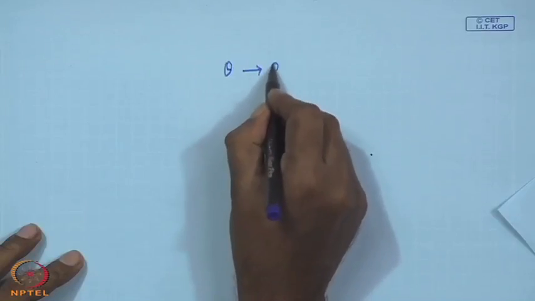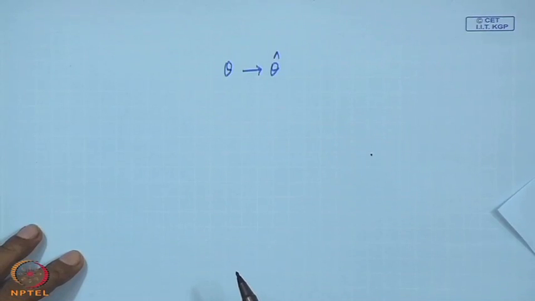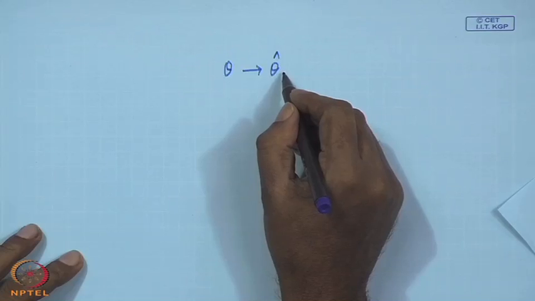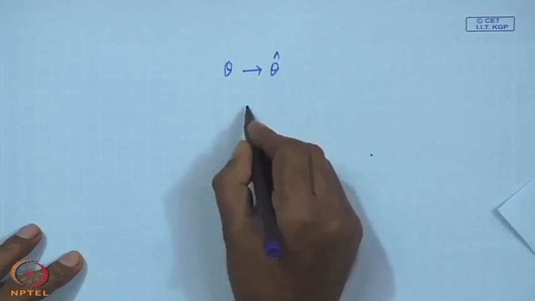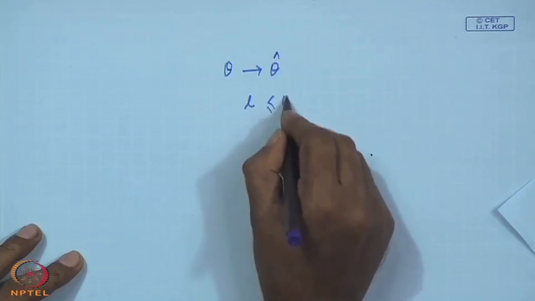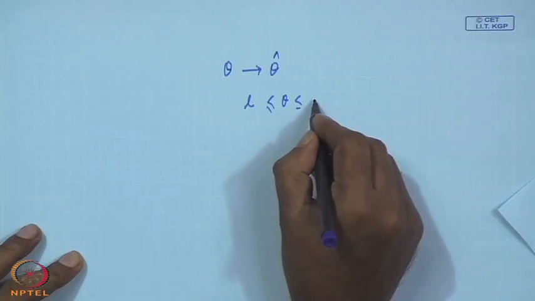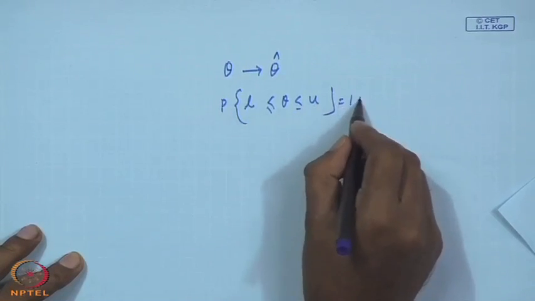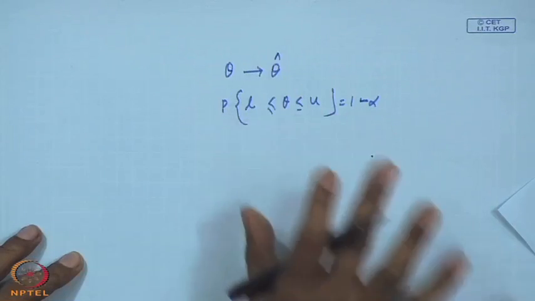Basically, if you want to understand what interval estimation means, suppose there is a population parameter theta and you have estimated theta cap using some sampling distribution. Let theta cap have a particular distribution. Then you are finding L less than or equal to theta less than or equal to U, with probability 1 minus alpha, using the theta cap value.